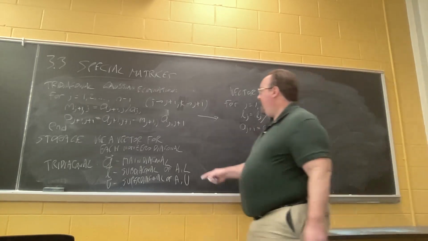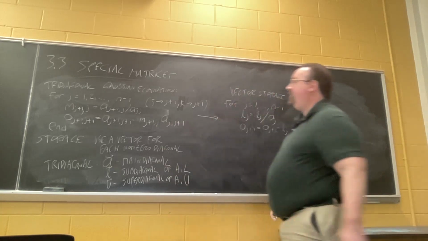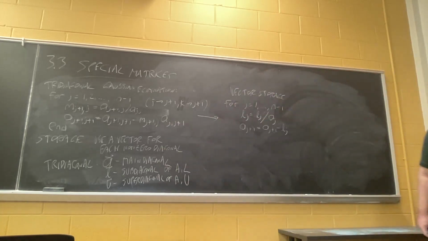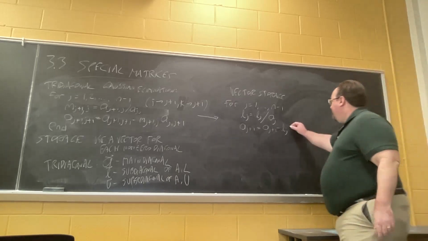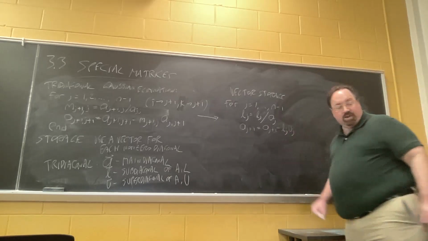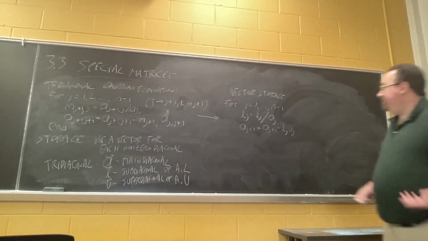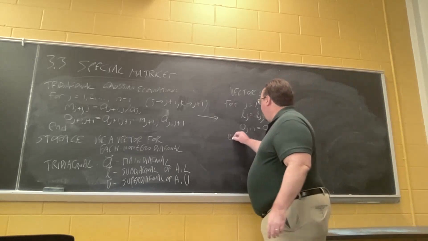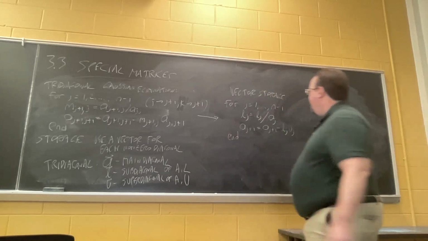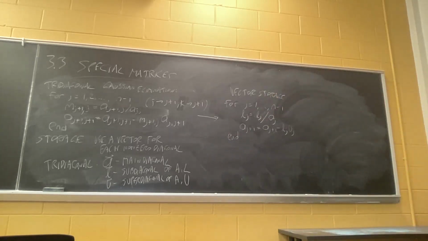And then J plus 1, that is a superdiagonal entry. We identify those by the row index because that starts at 1. So we have Lj, Uj. And that's it. So this is the vector storage version of Gaussian elimination for a tridiagonal matrix.